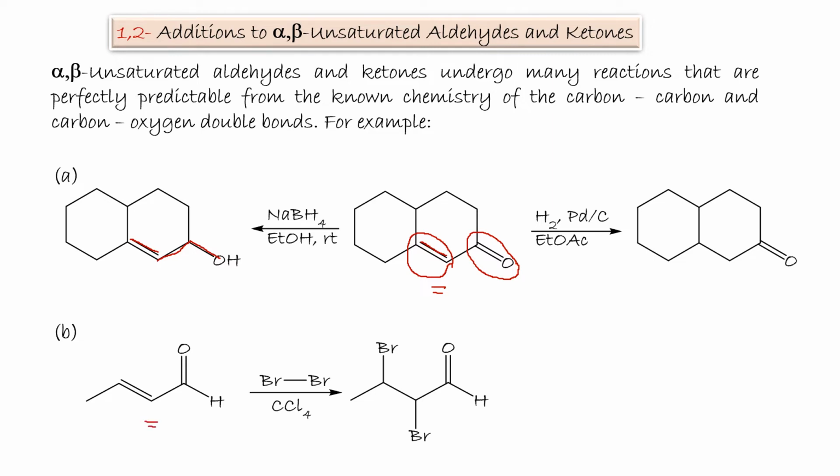Reacting this alpha beta unsaturated aldehyde with bromine and carbon tetrachloride, the carbon-carbon pi system undergoes electrophilic addition and furnishes the 2,3-dibromo alkanal.